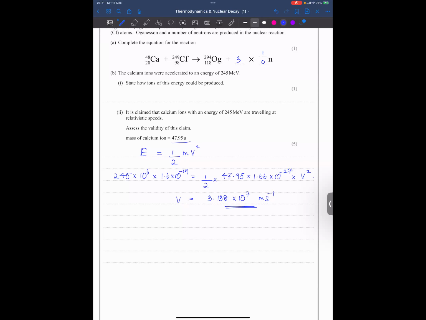So after a time of 2.5 milliseconds, the N remaining is 500 atoms. So 500 equals N naught into e to the power minus lambda t, where lambda is ln 2 over T half. ln 2 over T half is 0.89 into t, which is 2.5 milliseconds.